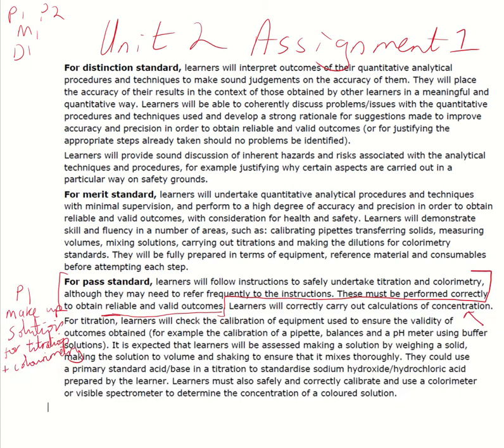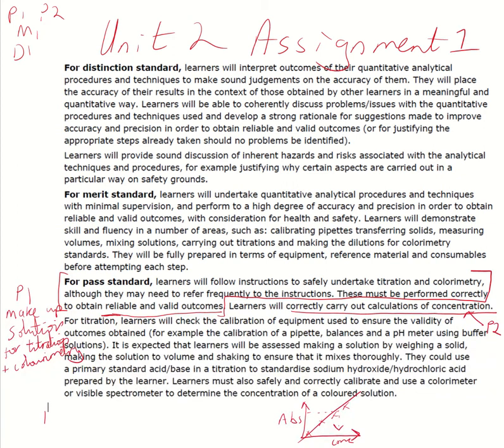Now this bit in here, carry out the calculations of concentration afterwards. This is going to be your P2. So P2, once you've actually done the titrations, you'll be asked to work out the concentration of the unknown solutions. And likewise with colorimetry, the concentration of the unknowns there, where you will have plotted your calibration curves and read off the absorbance and down to the concentration to figure out that.